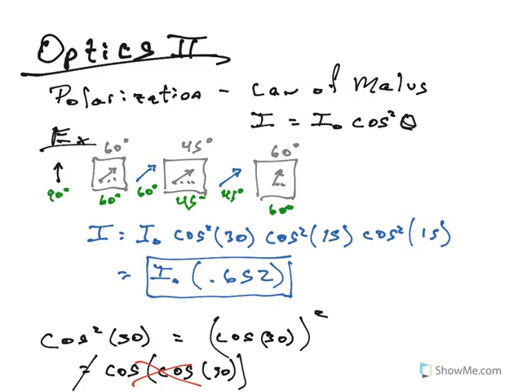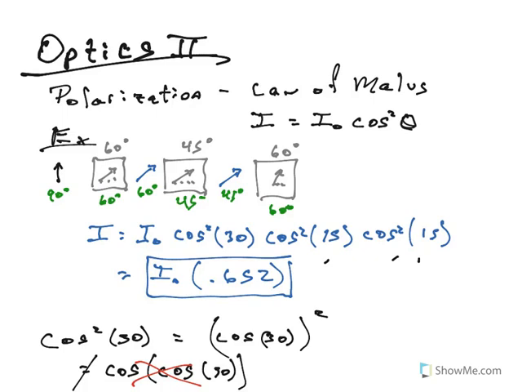Another way you can do it is plug it into your calculator. You say cosine 30 times cosine 30, get an answer, then times cosine 15, then times cosine 15, then times cosine 15, and times cosine 15. So do it individually. You don't have to use the square button. Just multiply it by itself multiple times.